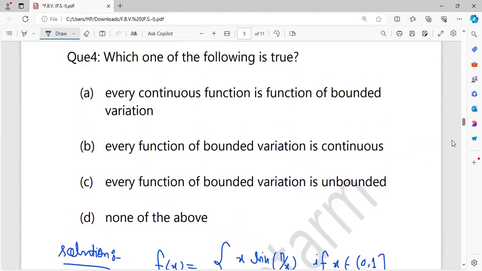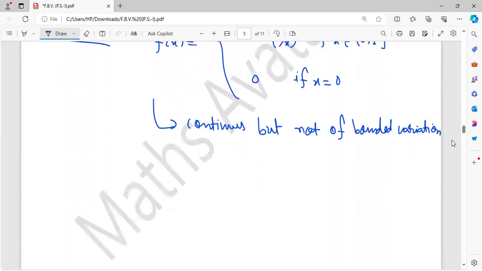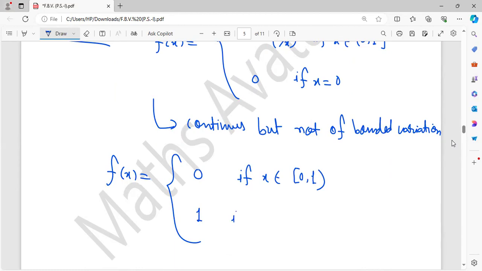The second option is every function of bounded variation is continuous. No, this is also not correct, because I can take the function f(x) equal to 0 if x belongs to [0, 1), and 1 if x is equal to 1.